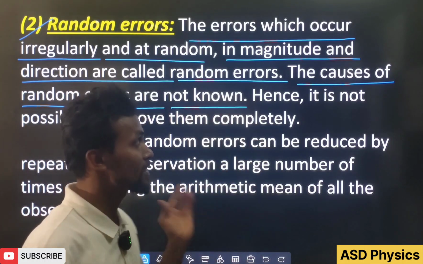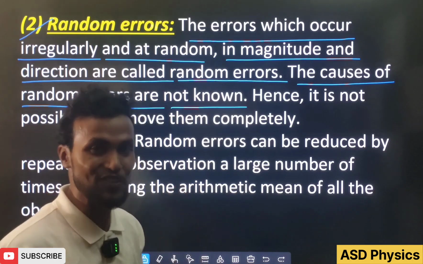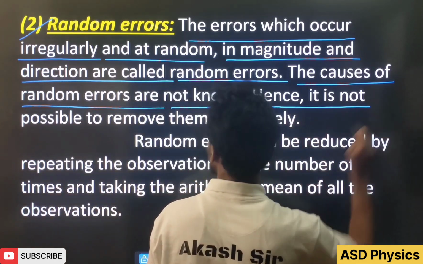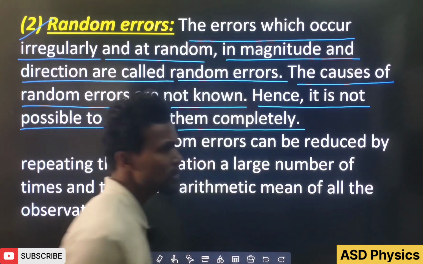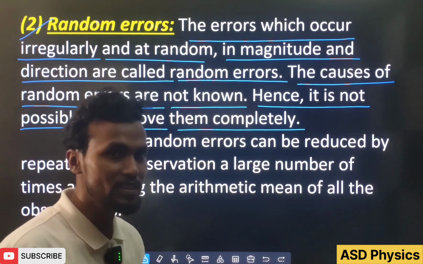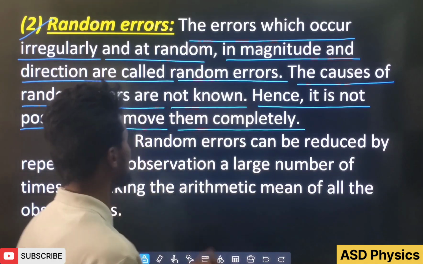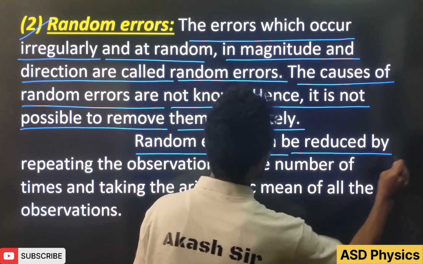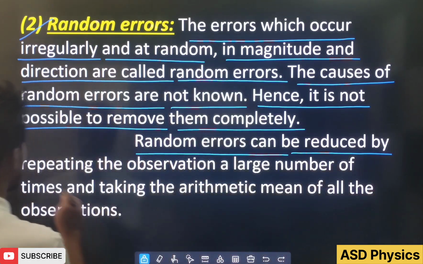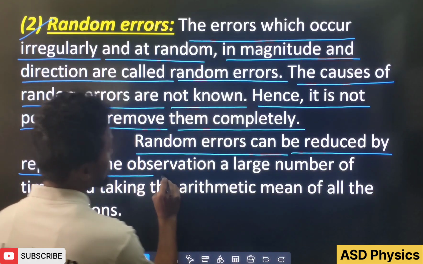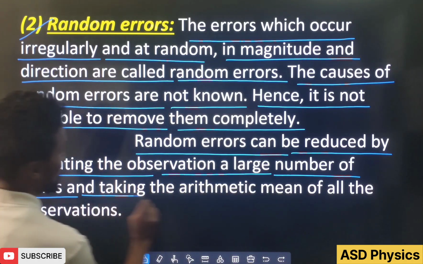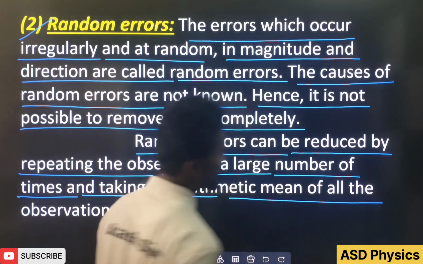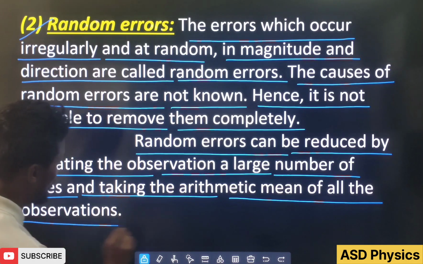Systematic error is known, but in random error even the cause itself is not known. Hence it is not possible to remove them completely. Random errors can be reduced, very, very important point, by repeating the observations a large number of times and taking the arithmetic mean of all the observations.